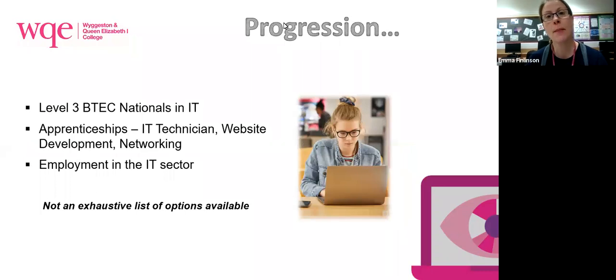Okay, so looking at progression routes, thinking about what you can do after you've completed your level 2 courses in IT at WQE. The next logical step would be to take your knowledge to the next level onto a level 3 BTEC National in IT. So that is then moving on to the A-level equivalent of BTECs in IT, and we offer different sizes of course there also.